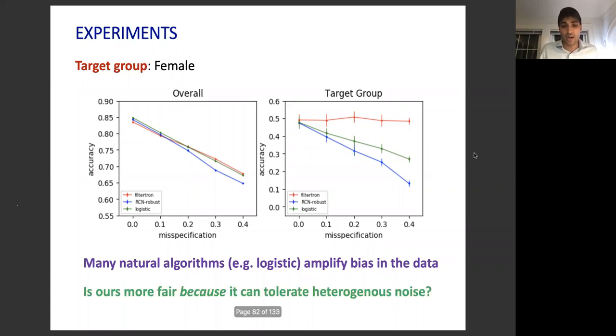But in contrast, some of the algorithms that we're designing here, which are deliberately designed to be robust to varying noise rates across the domain, turn out to be more fair exactly because they're expecting some level of heterogeneity.